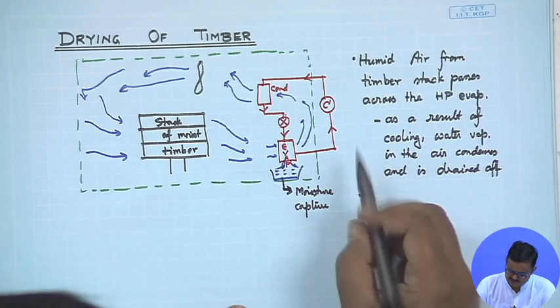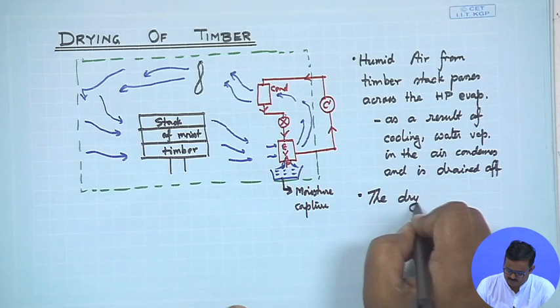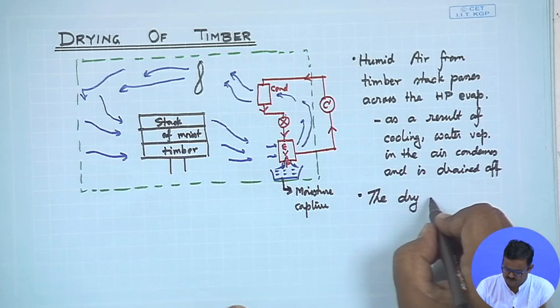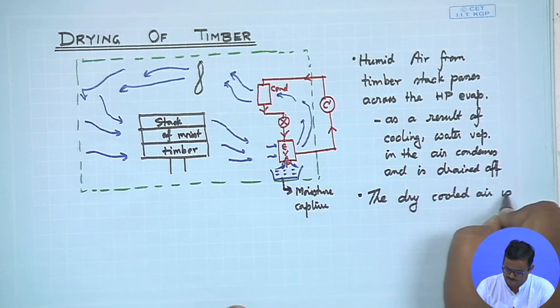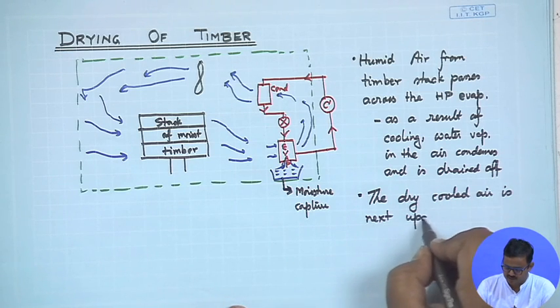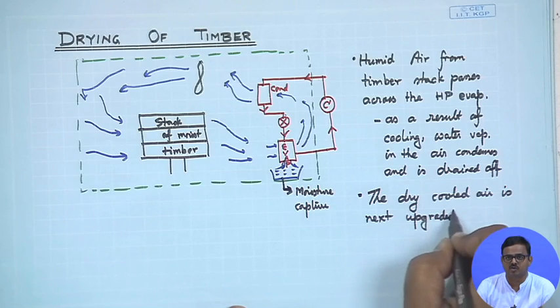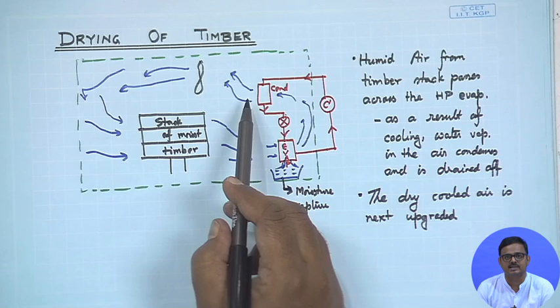Then the dry, cooled air is next upgraded. How? By sending it through the condenser.